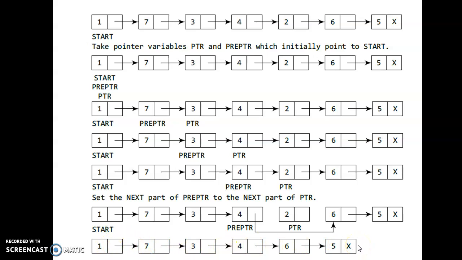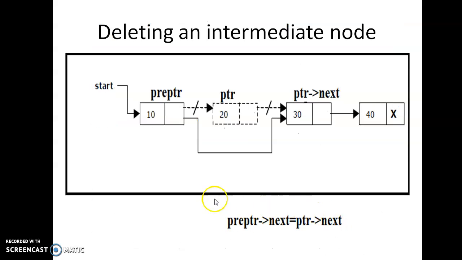Now if you see in this detailed example, if I want to delete this particular 20 and currently PTR is present at 20, so 10 will become the pre-PTR and 30 will become the PTR of next. Now when I want to delete this particular PTR, I am removing these two links.